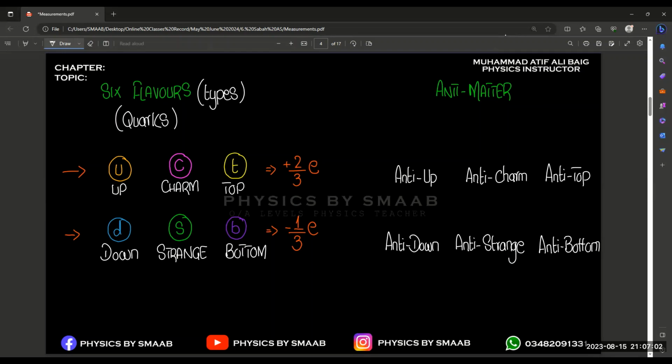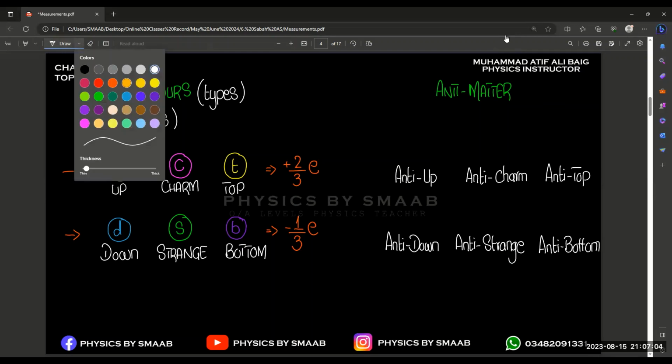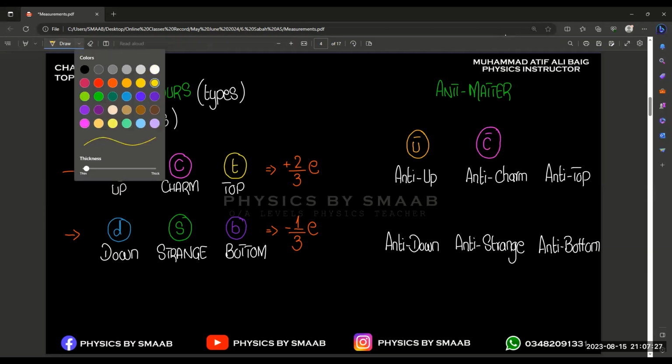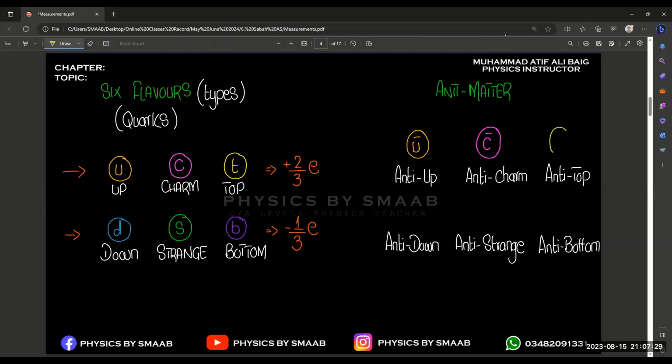And if you want to draw the symbols, the symbols will be the same, only with different marking like this. Because in the previous neutrino, we just marked a bar over it, right? So that bar gives you the concept of an antiparticle. And the T will be the same.